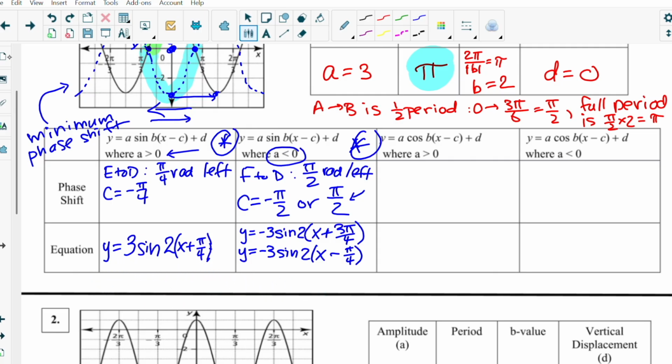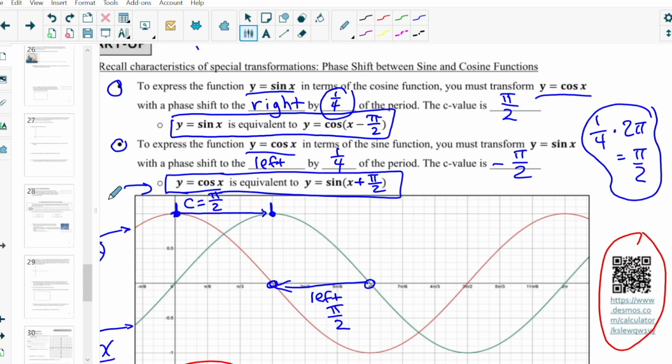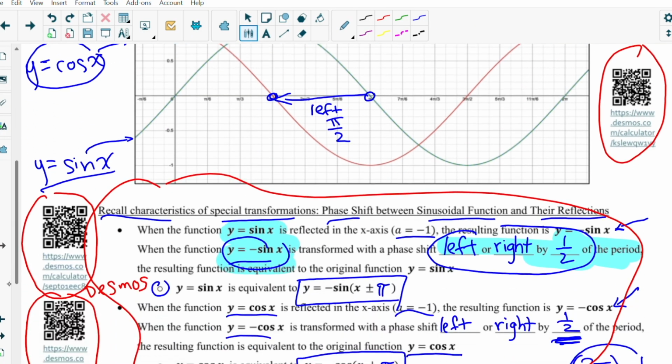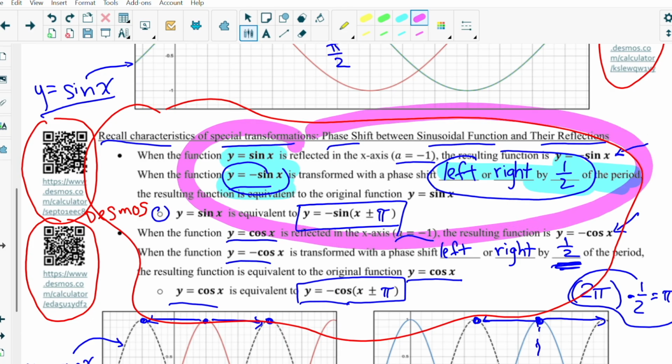Let's go back. Let's not forget about this shortcut. Right here, folks, remember this. When I take a sine function and I reflect it, this is the relationship: it is a phase shift left or right by exactly 1/2 of the period.